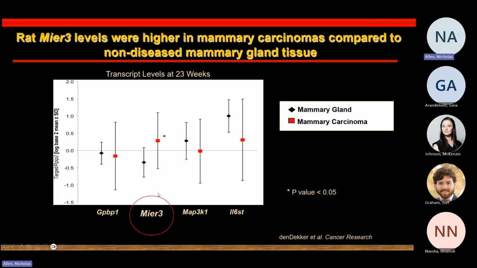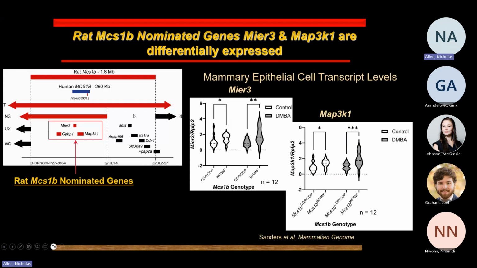Like in humans, in the rats we see higher expression of the MIR3 gene in mammary carcinomas compared to the mammary gland. This is the human haplotype block associated with female breast cancer, and this would be the orthologous region in rats, and we can see we have MIR3 and MAP3K1 in here.